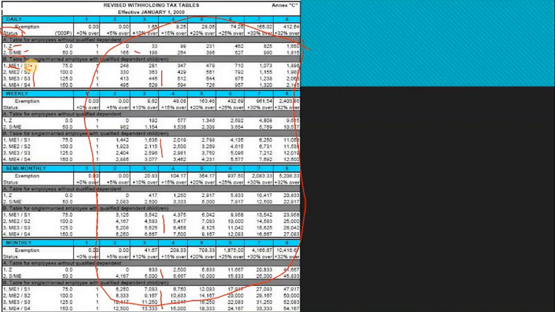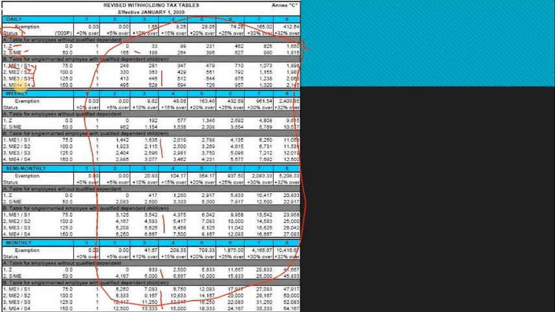So you are single with 1 dependent, single with 2 dependent children, single with 3 dependent children, and single with 4 dependent children. Same with married employee 2, 3, and 4. So for the tax table, the maximum is 4 dependents.